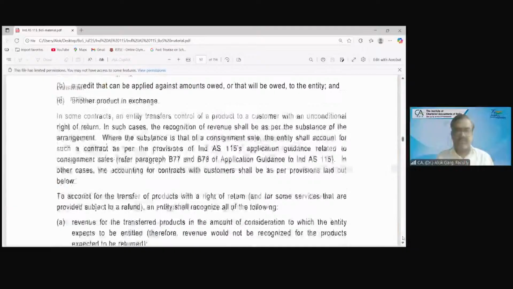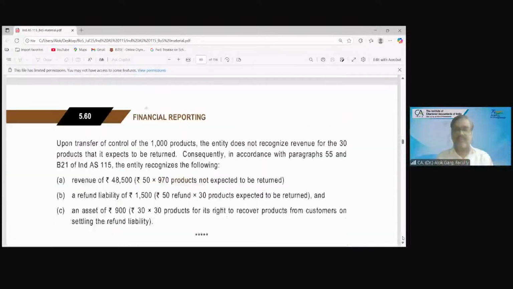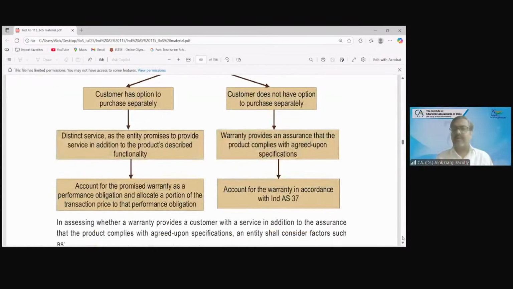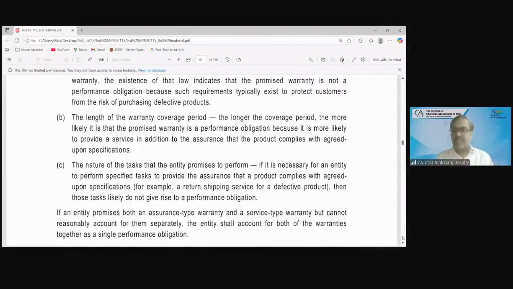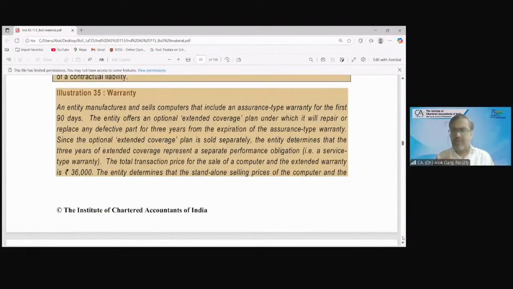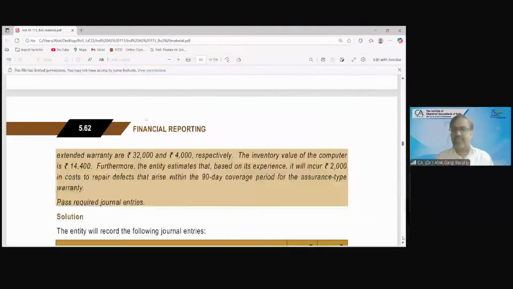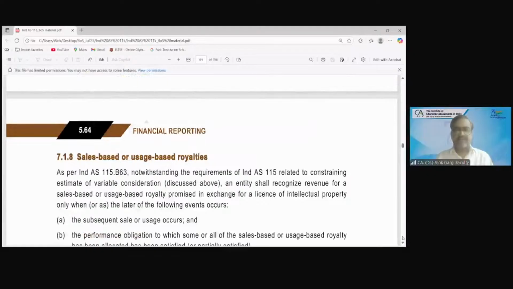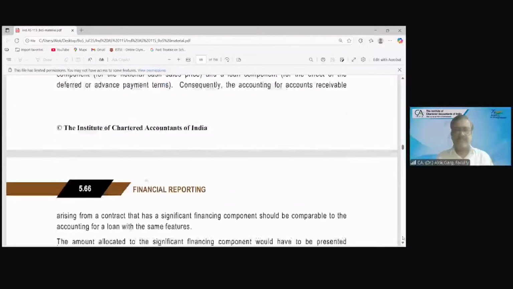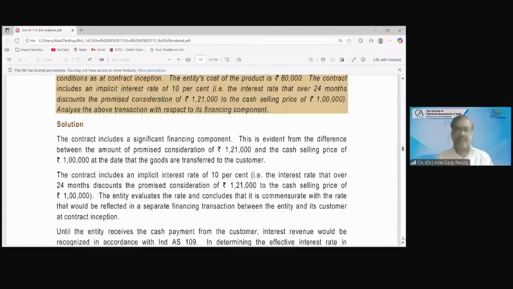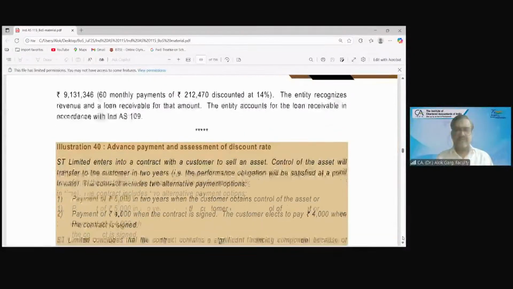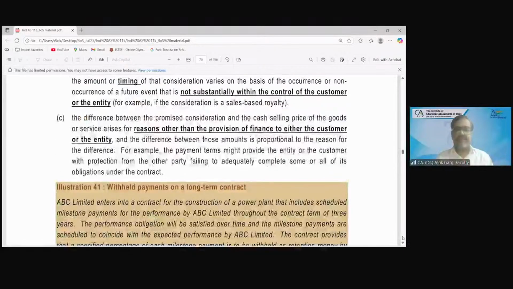Right of return we have covered. You remember the right of return concept? Right to recover an asset and refund liability we have created. Yes, sir. Covered, sir. Warranties we have covered. Assurance warranty and service type warranty. Normal warranty and extended warranty. And illustration number 35 we have covered, right? Now, significant financing component, this illustration we have covered. Advance payment and late payment, this we have covered.